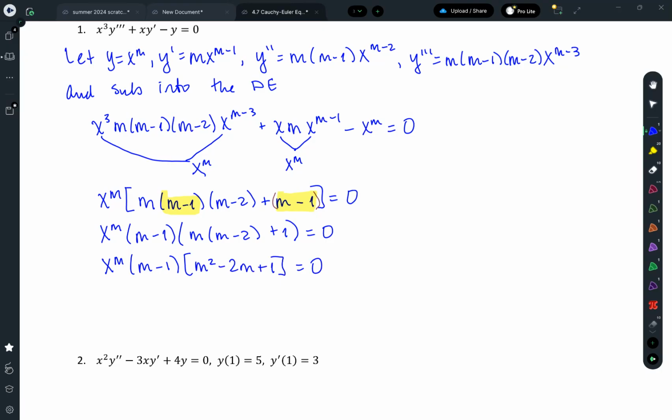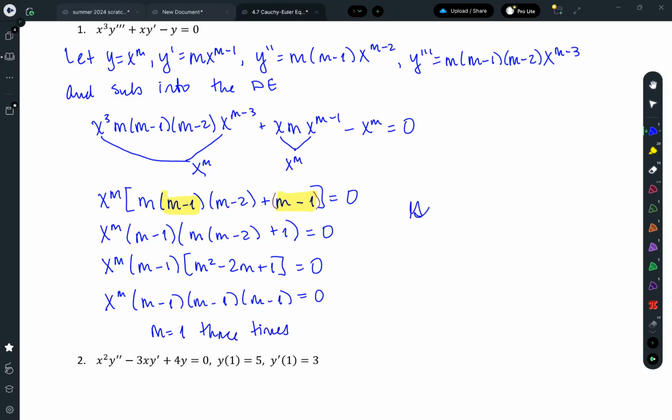That's all equal to 0. And the m squared minus 2m plus 1, that's a perfect square trinomial. It factors to be m minus 1, m minus 1. So altogether we have x to the m times m minus 1, m minus 1, m minus 1 equals 0. And so m is equal to 1 three times.